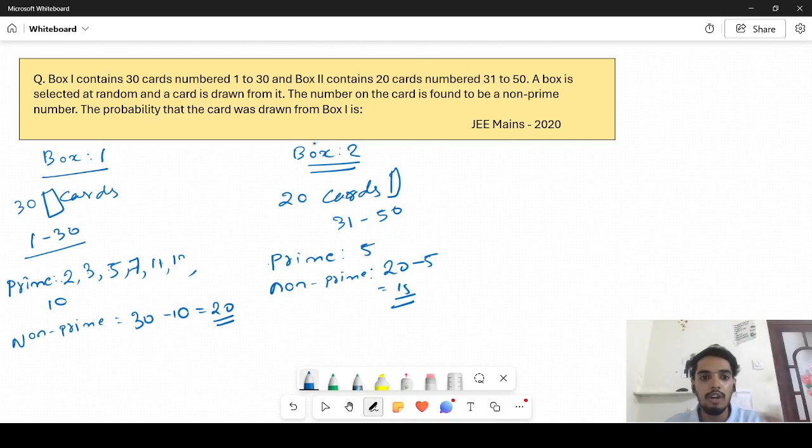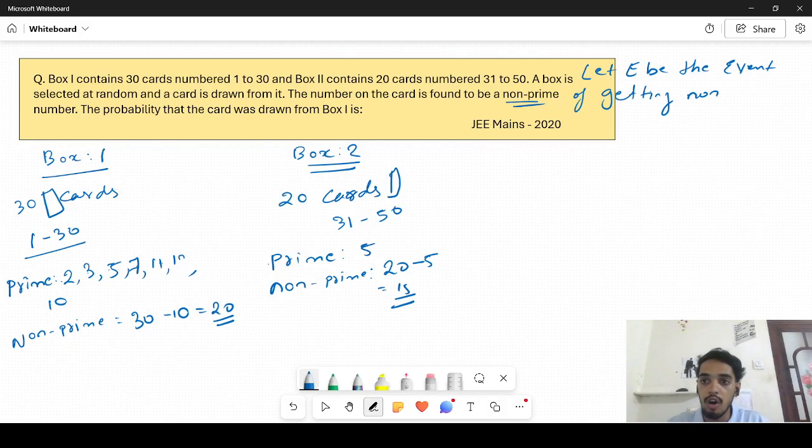Now what did they ask us to find? The number on the card is found to be a non-prime. They have taken a card from a box and the number is found to be non-prime. So let E be the event of getting a non-prime number.